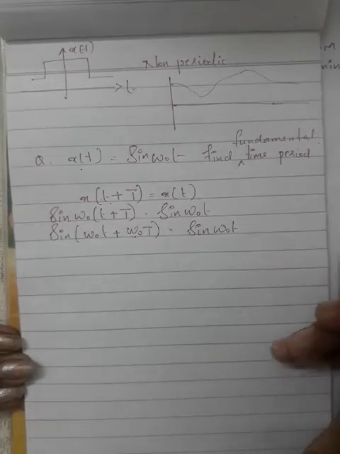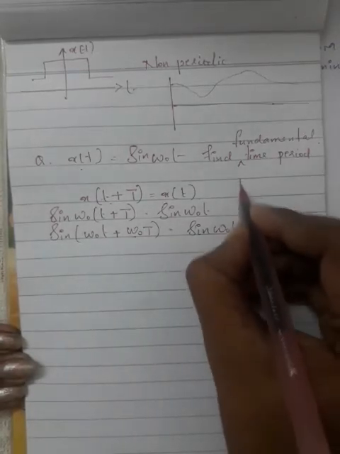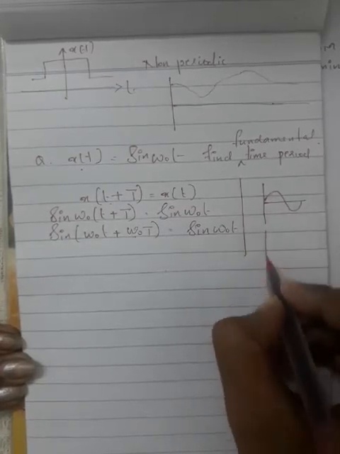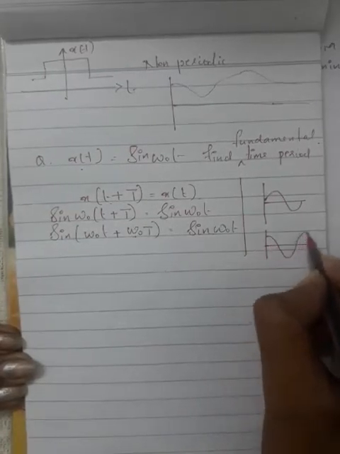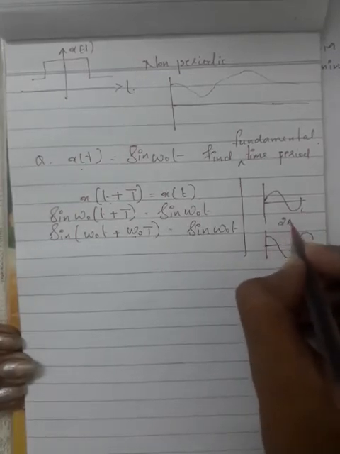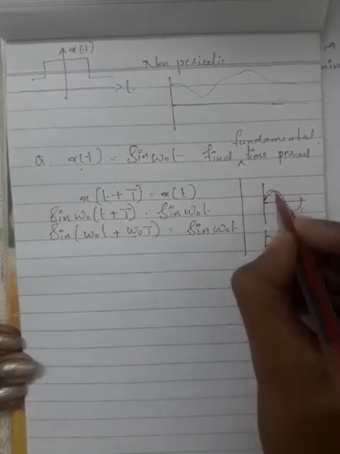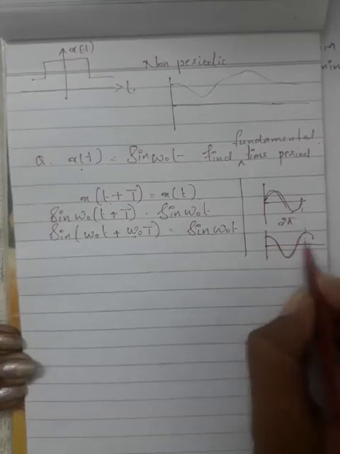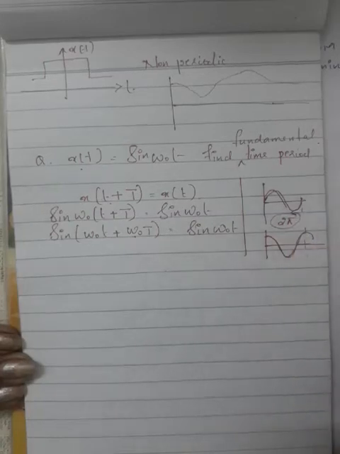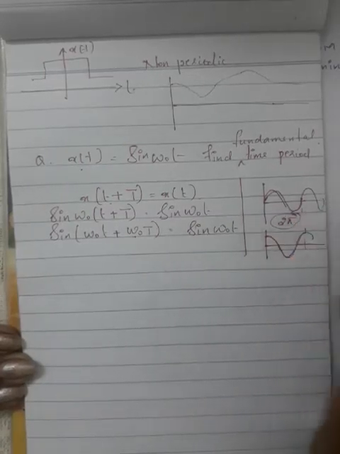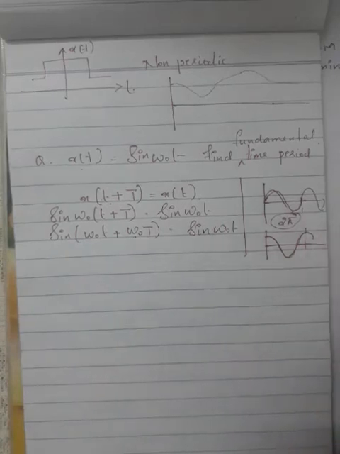And we already know that every sine wave and cosine wave is periodic with a time duration of 2 pi. That is, sine wave and cosine wave will complete one full cycle for 2 pi. That is, after every 2 pi time duration, this will repeat.